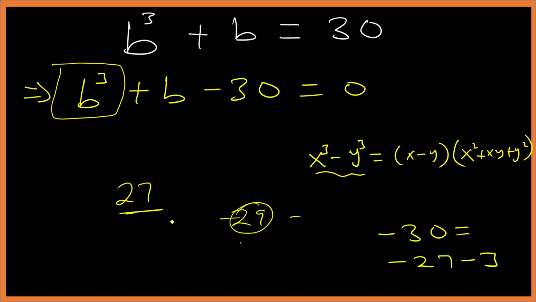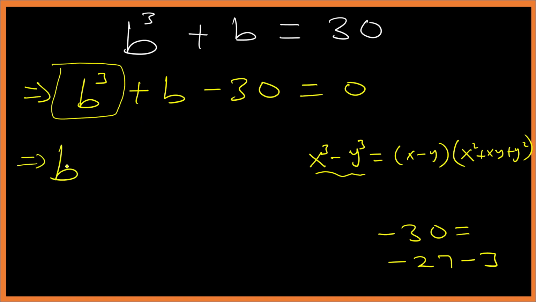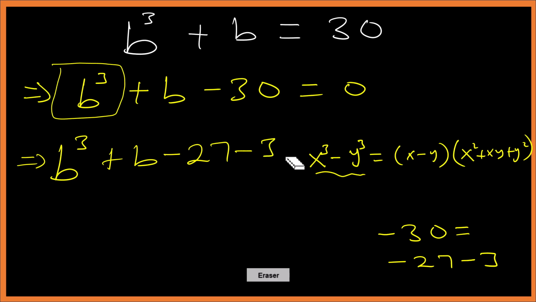Now let's go ahead as we arrange this one. So we have b cube plus b minus 27 minus 3 equal to 0.